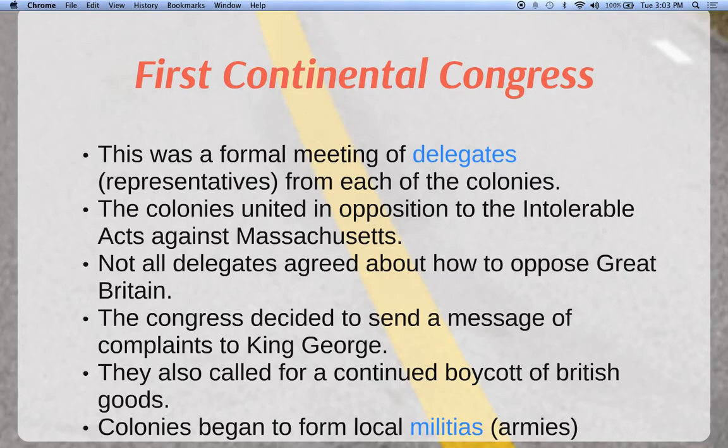They continued their boycott of British goods, and they really focused on that boycott, making sure everybody was following it. And then they start to form what we call militias. And these are basically armies within towns and cities and colonies all across the American colonies. So they started to take up arms if necessary. So we see these things happening because of all the stuff that we've talked about.